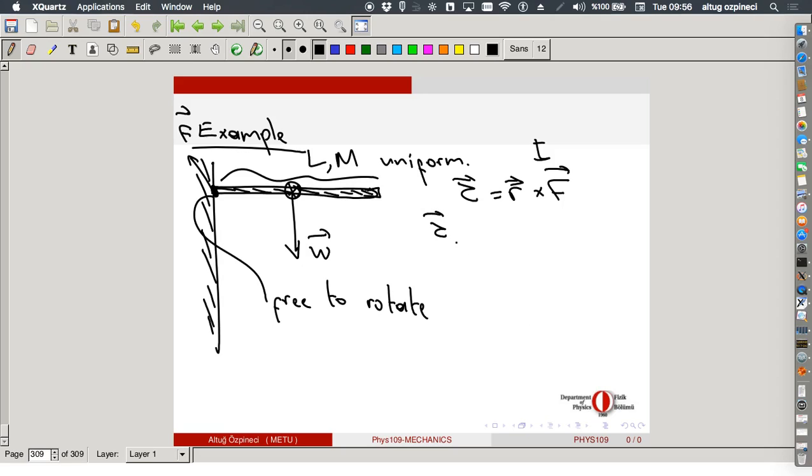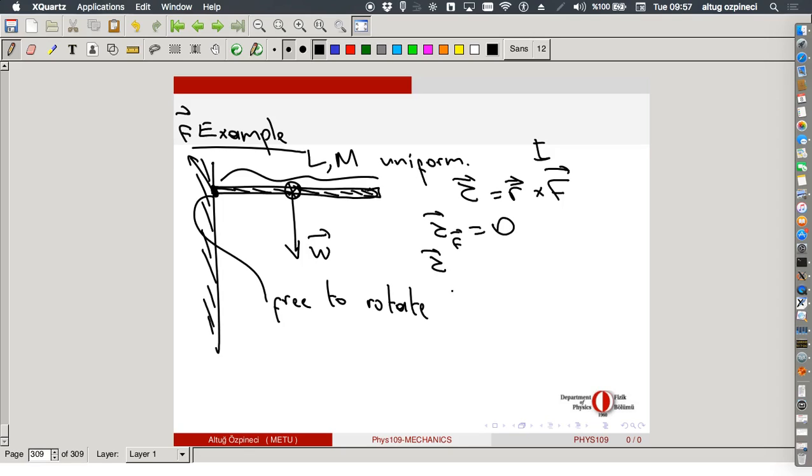There will be the torque due to the force F. What is the torque created by this force relative to this point? 0. Basically, although we don't know what F is, r is 0 for that point. This is the rotation axis. This force is acting right at the rotation axis, so this will be 0.